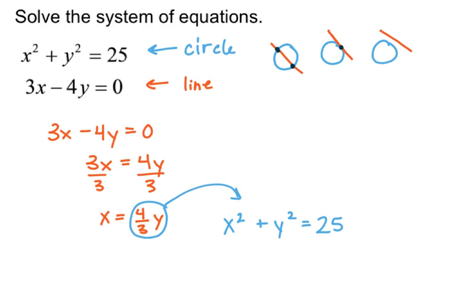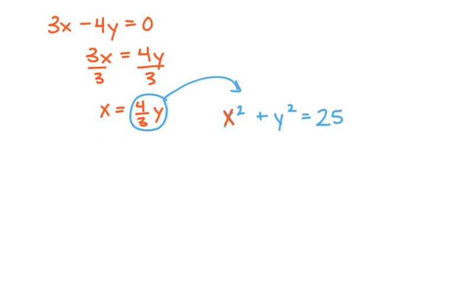So x squared plus y squared equals 25. I'm going to plug 4/3 y in for my x value. So that gives me 4/3 y, quantity squared, plus y squared equals 25.